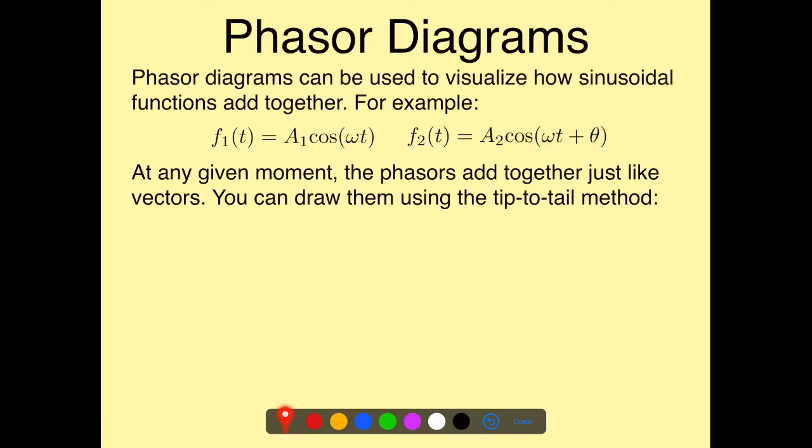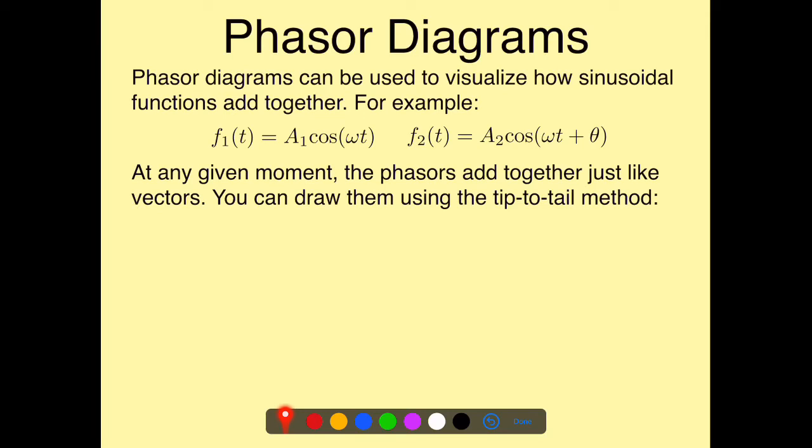So the idea is these are two different sinusoidal functions with two different amplitudes, A1 and A2. ω is the same for each function, so we're talking about the same frequency here. But the two functions are out of phase with one another, which is indicated by this angle θ in the second function. So if θ is equal to π, then they're π out of phase. If it's equal to π/2, then they're π/2 out of phase, and so on.